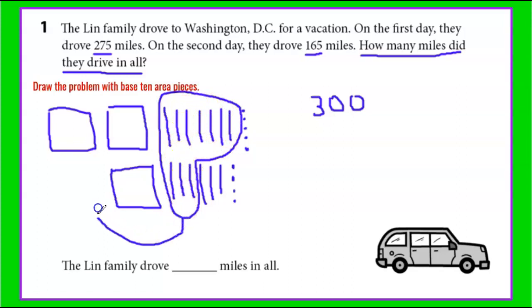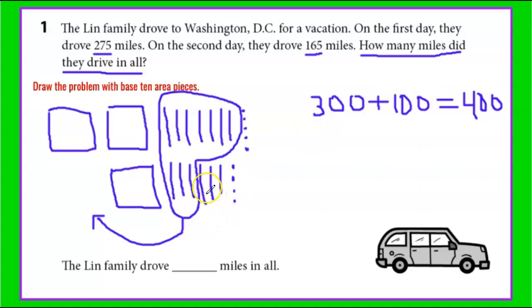So I'm going to draw a big circle around it and move it over into my hundreds pieces. So I'm actually adding another 100. So I have 300 plus another 100 to equal 400. So I actually have 400 already, and we kind of knew we'd have 400 because we estimated first.